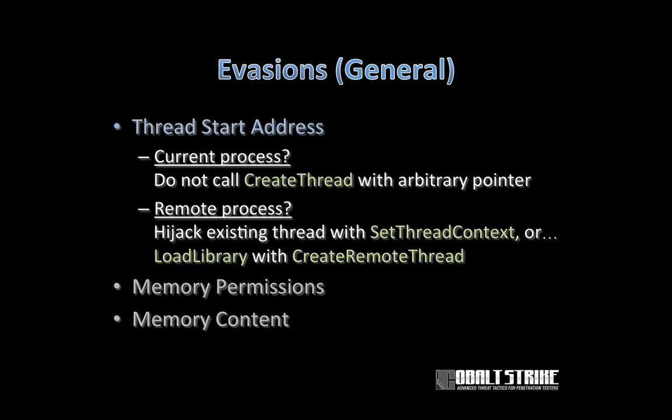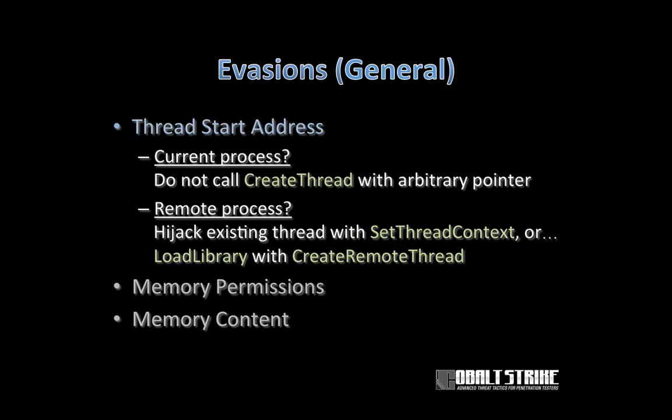They stick a capability into that new memory and call create thread to kick off the capability. Don't do that. If you can, declare a function that runs your capability and call create thread pointing to that function. That's what normal programs do when they create a thread. That's what you should do in your offense tool set as well.